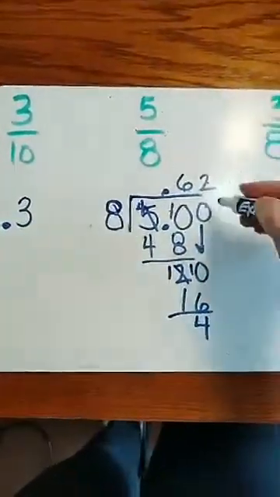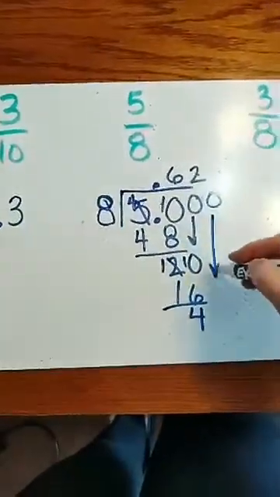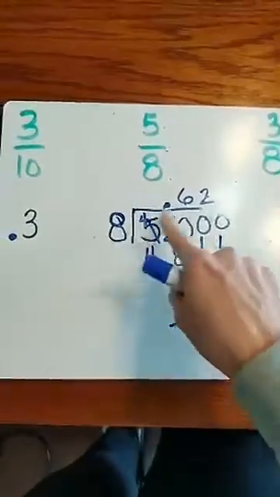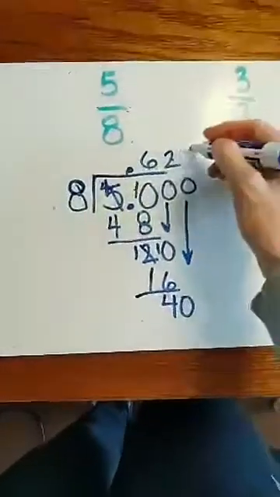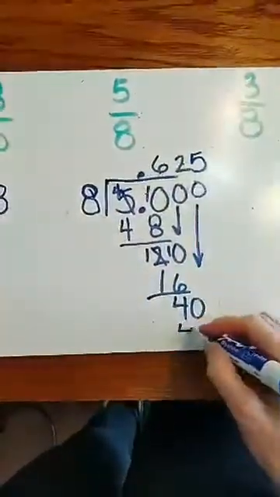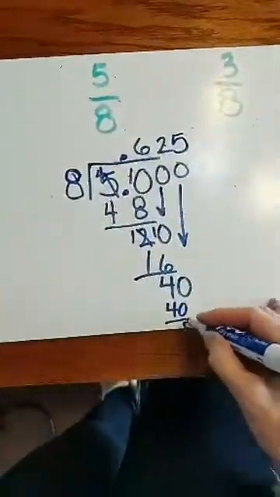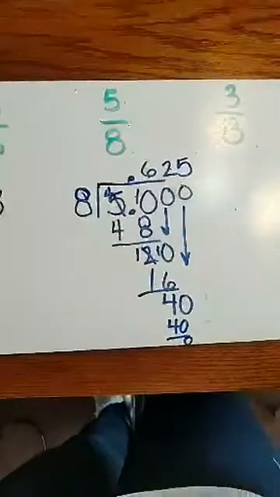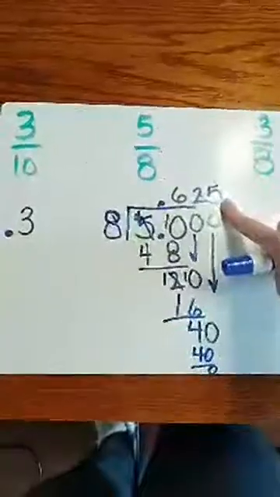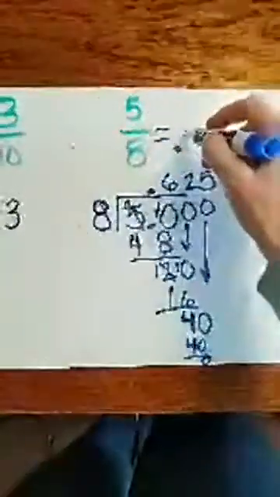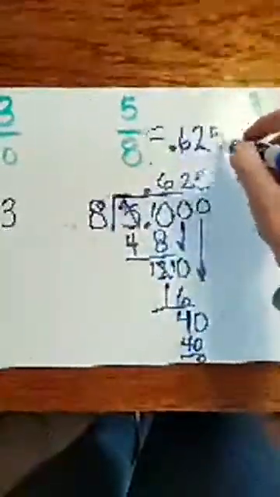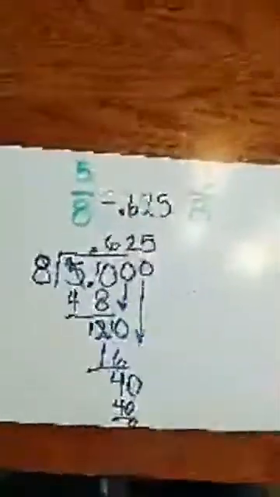So we need to add another 0, bring it down. How many times will 8 go into 40? You found it. We're finally going to be done. Good thing because we're out of room. We are down to 0. Add anymore, and we found our decimal number for 5/8 is 0.625 or 625 thousandths.